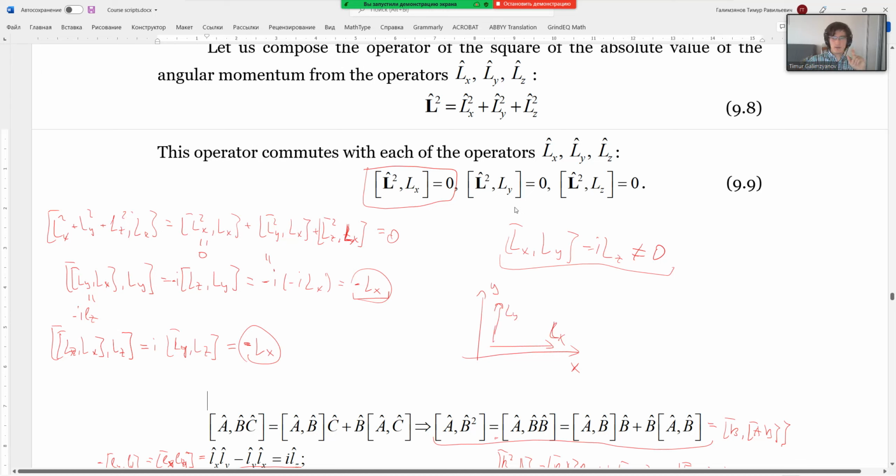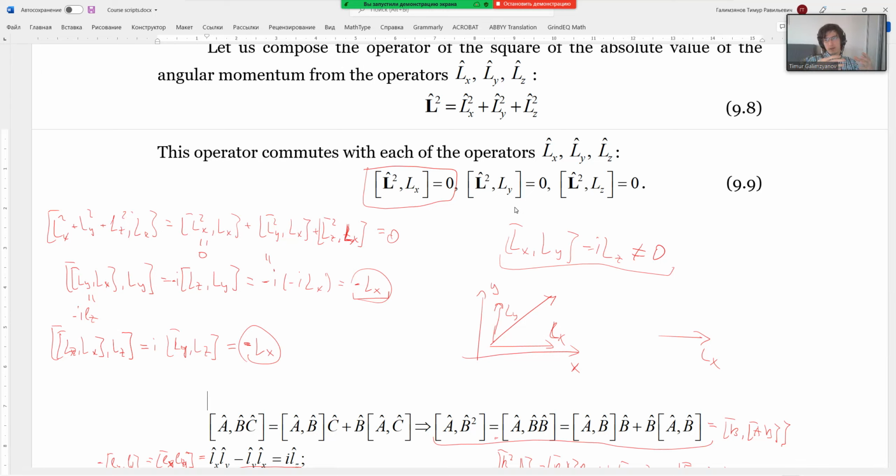But you can measure Lx, the projection of the angular momentum, or Lz, or Ly, and the square of the angular momentum. What do we mean by square? What is the square of the vector? The square of the vector is its length. So we can measure the length, the square of the angular momentum, and its projection.